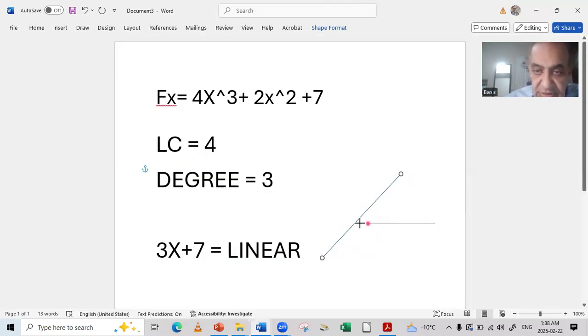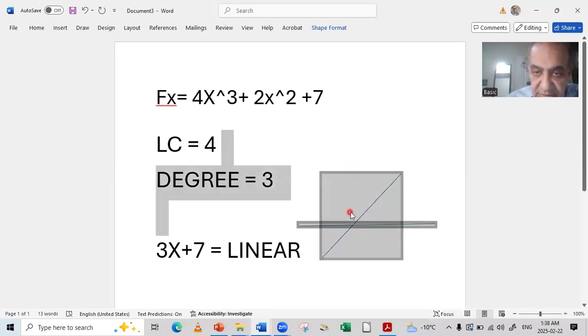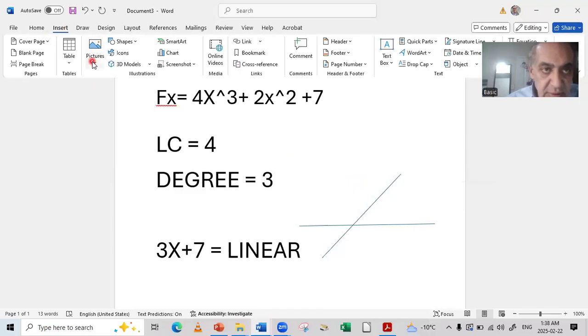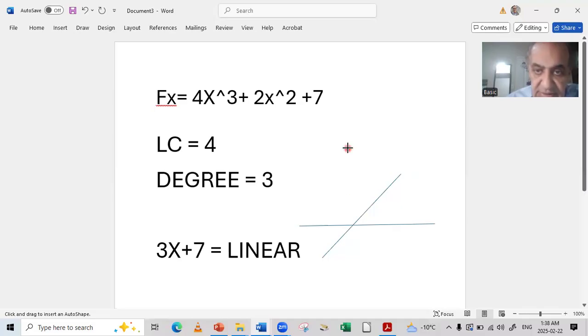So here the horizontal, and this is the vertical axis. And I draw another line. Here I go like this. And I will take this line just a little bit from here and take it that way.